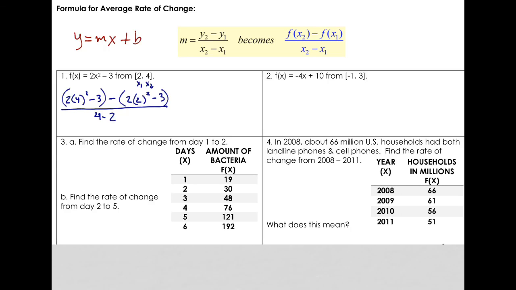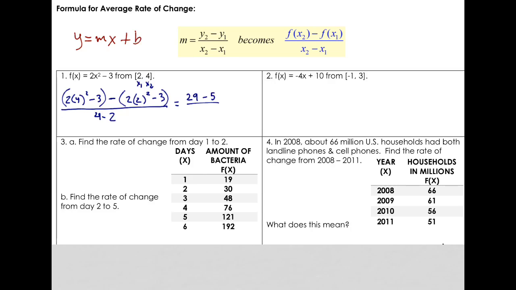And if we look at what the top turns into, really you could punch this entire thing in the calculator. But if we did just this section by itself, that would turn into a 29, and the other one would turn into a 5, so that would be minus 5.